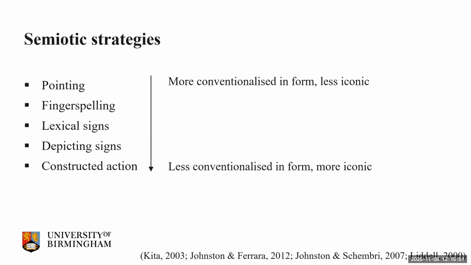So if I want to talk about my shock when I saw, I don't know, something scary, I can go, and I was like, ah! So that's constructed action. So I'm depicting a character's or my past self's emotions, actions, feelings, mannerisms.